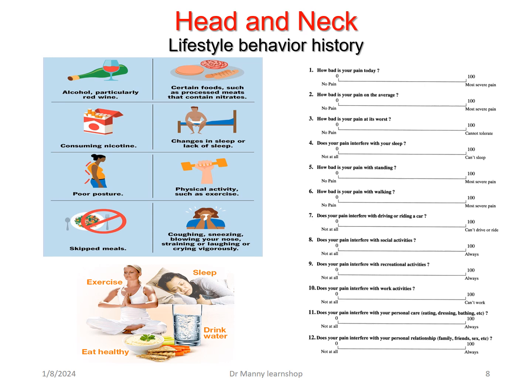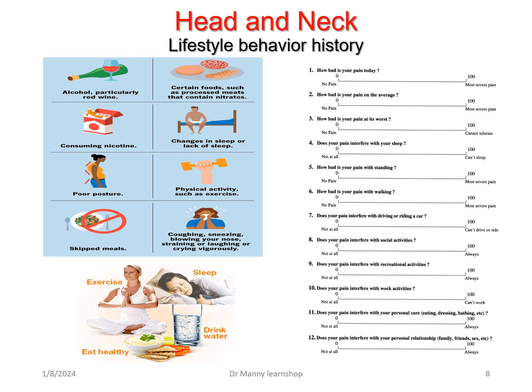Then lifestyle behaviour history is important as well. So how do you sleep? Do you drink water? Do you eat healthy or exercise? There are other questions which you can rate here, as I have on the side there, in relation to lifestyle behaviour.